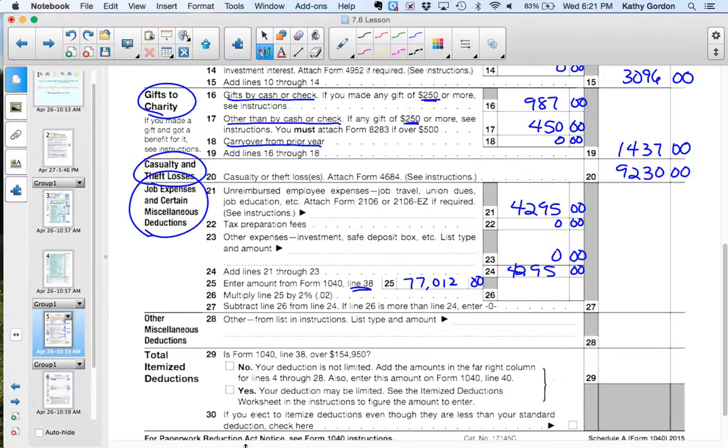So 0.02 times 77,012 is 1,540. So now we're allowed to subtract line 26 from line 24. This time it is smaller, and so we can actually do the subtraction, and we end up with a total of $2,755.